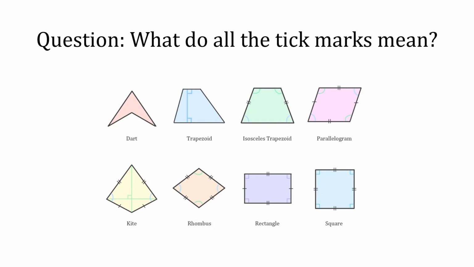We've got a whole bunch of shapes on the screen here, but we've got a bunch of lines and arcs and these part circles. These are arcs, and pairs of lines here, and then a single line here, a pair of lines there, a vertical line that's inside the shape. All of these different symbols. What do they mean, and why are they important when we're talking about these shapes?